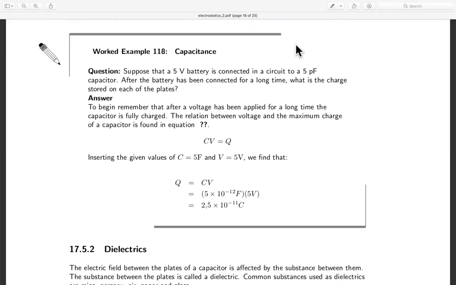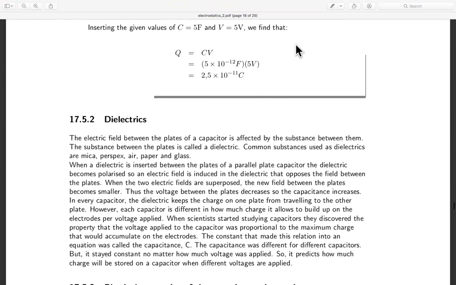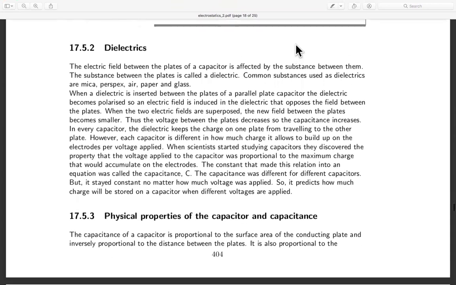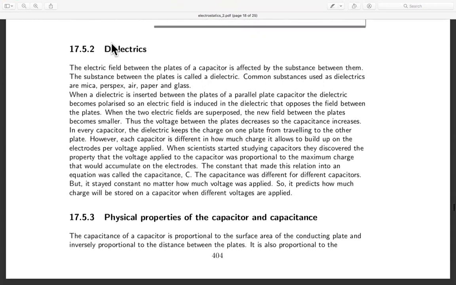So after you know about capacitor and capacitance, now about dielectric. Dielectric is the same thing as a capacitor, with two electric plates.